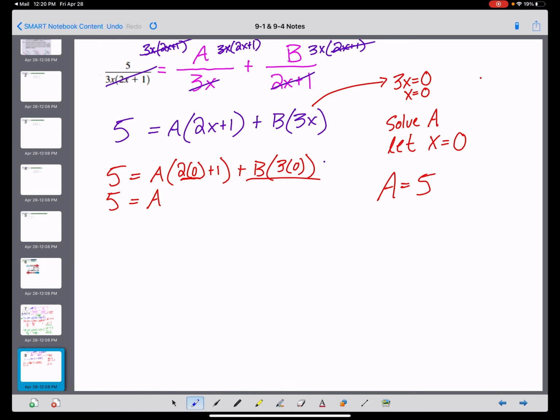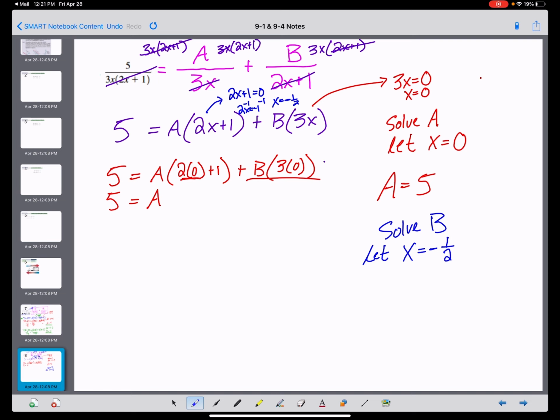All right, so now we want to solve for B. So I look at the A. What could I do to make 2x plus 1 equal 0? If I subtract 1 from both sides, then I get 2x equals negative 1, so x equals negative 1/2. So I let x equal negative 1/2, and we can solve for B, because that makes A go away.